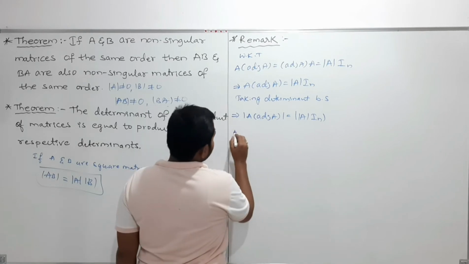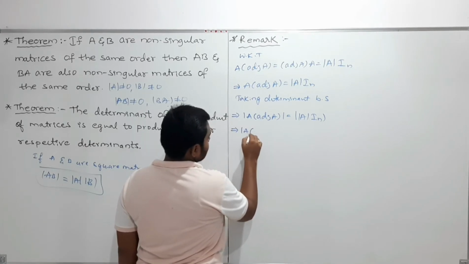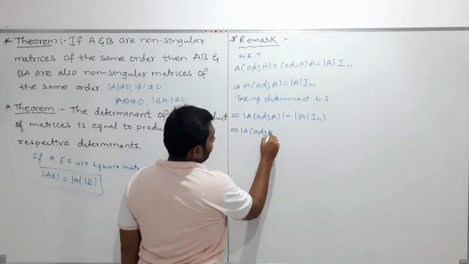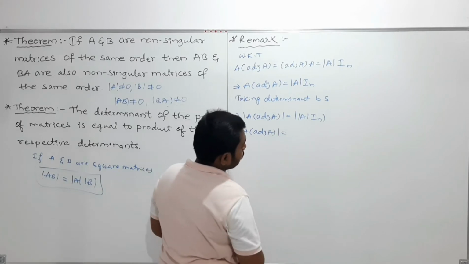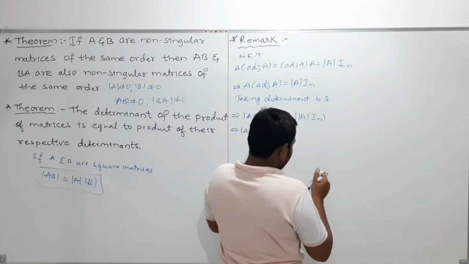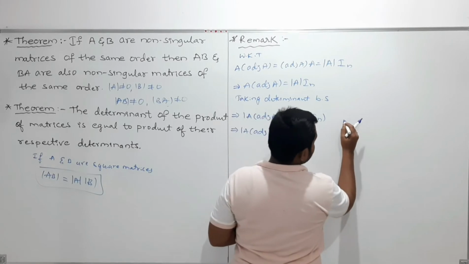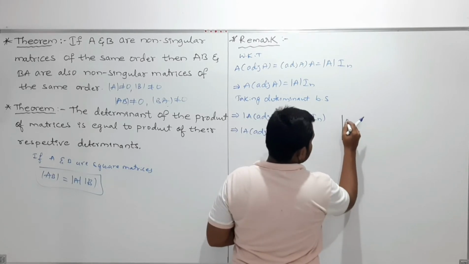So after taking determinant, I can write determinant of A into adjoint of A is equal to, but first we will discuss the result. What is the result?